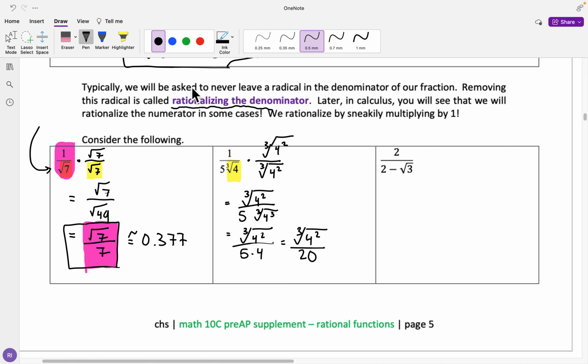And the most interesting one is this here, 2 minus the square root 3. Just before I say it, think to yourself for a moment, what would you multiply by this? It's still going to be my sneaky 1, sneakily. But what is it going to be?